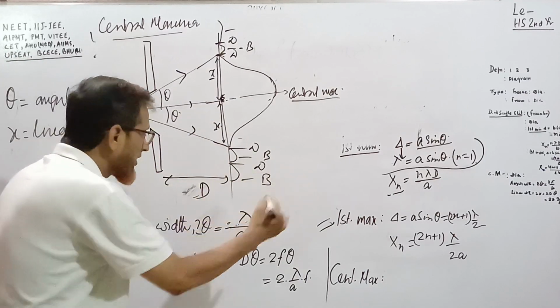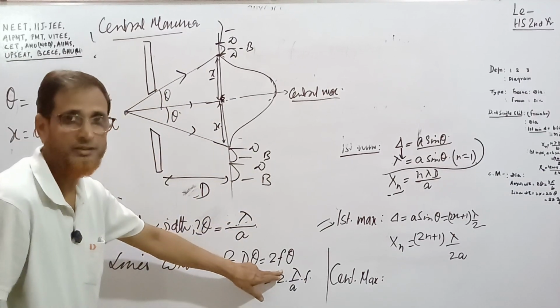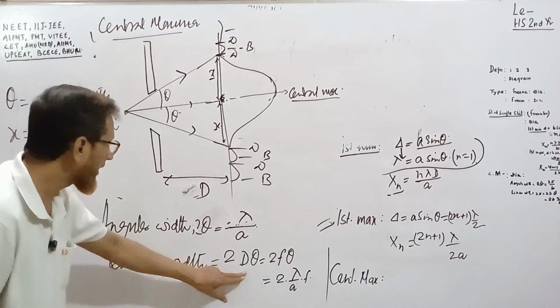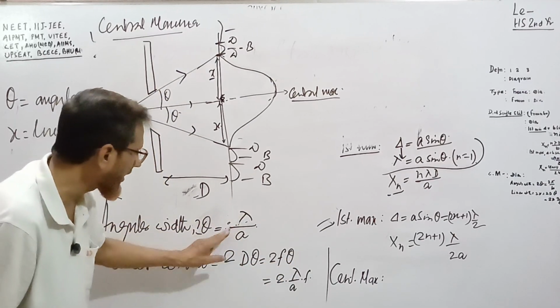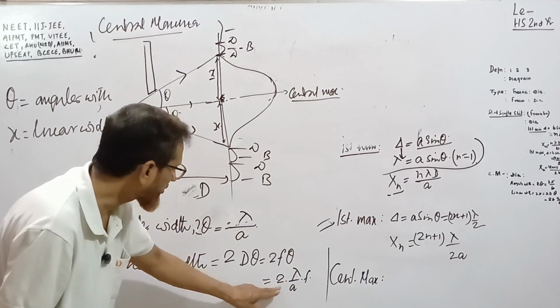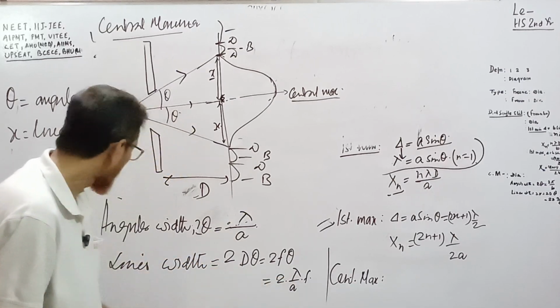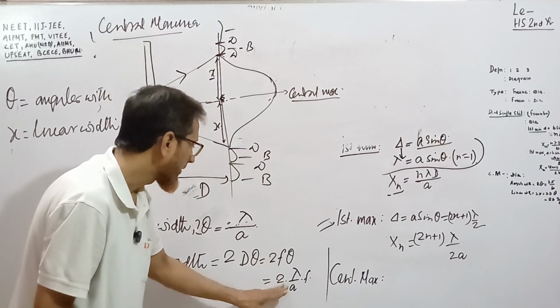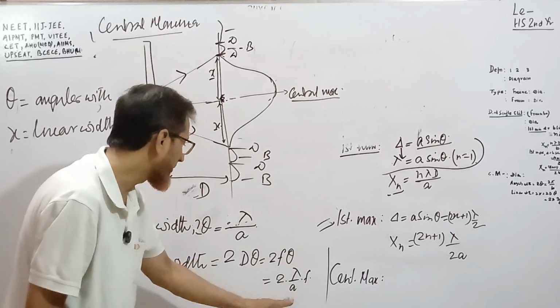So the distance D is nothing but the focal length of the lens. Again from above, theta is equal to lambda by a, so we have twice f into lambda by a. So linear width is equal to twice f lambda by a.